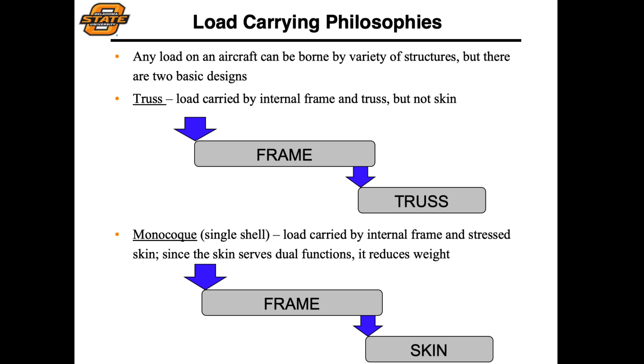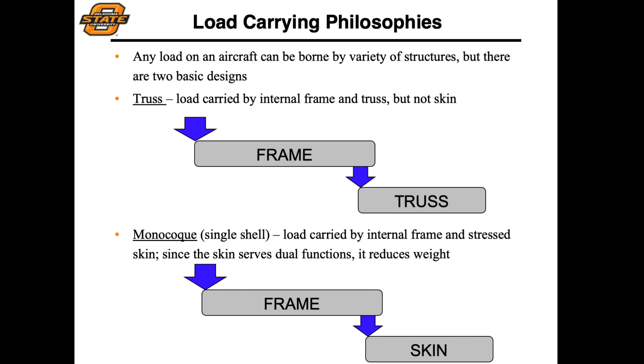You can think of this as very traditional in our wood with fabric doped early aircraft designs, where you have a frame and truss system, and the aerodynamic loads are really just immediately transferred from the skin directly to that truss, and the skin doesn't carry any of the loads itself.